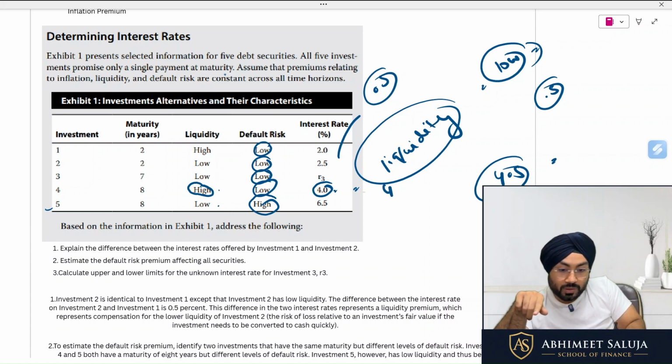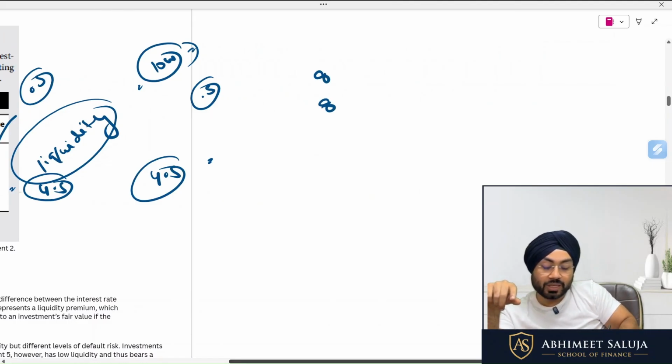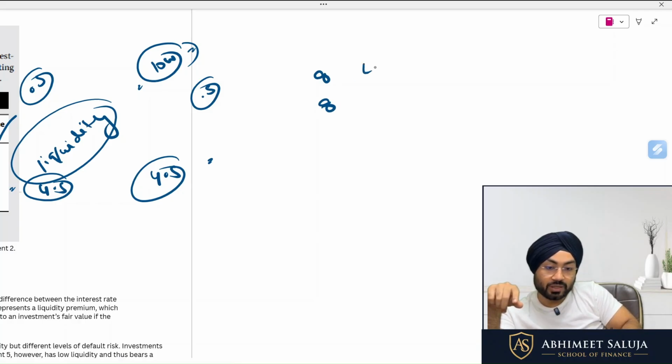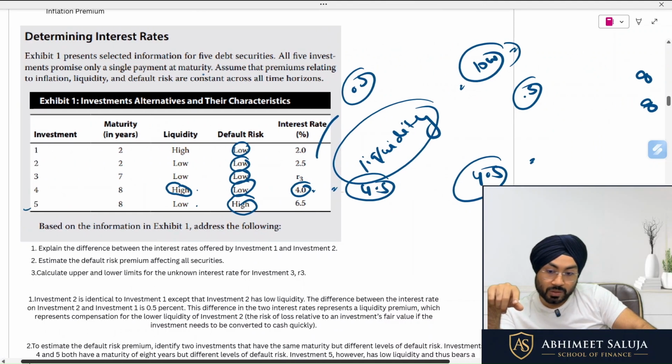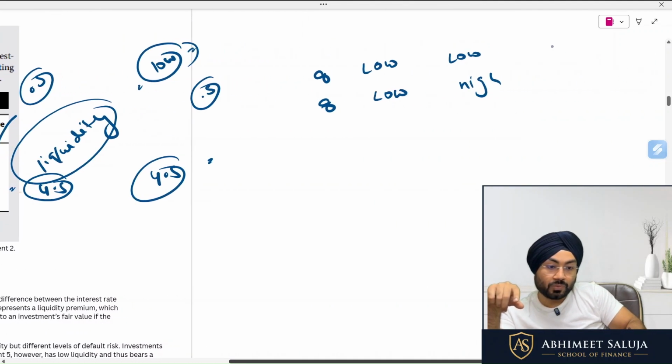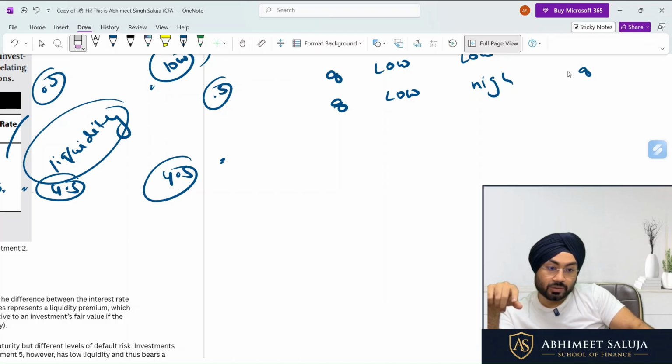So: 8 years, 8 years, liquidity low, default risk low and high, and the interest rate is now 4.5 and 6.5.